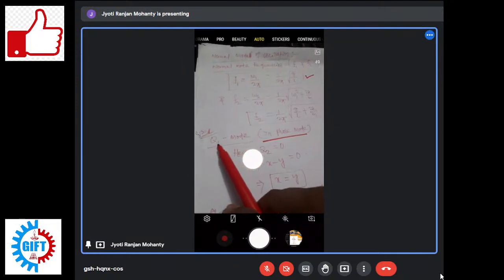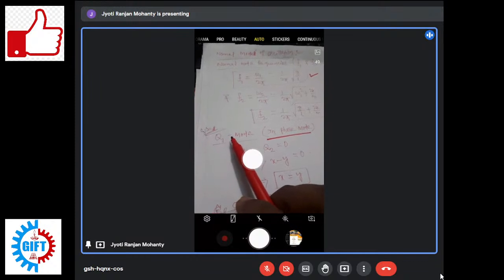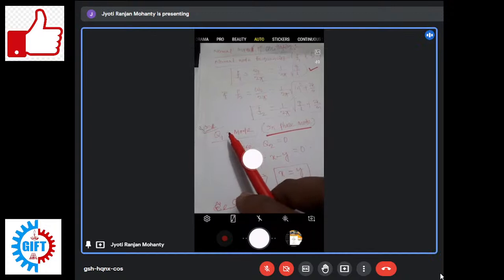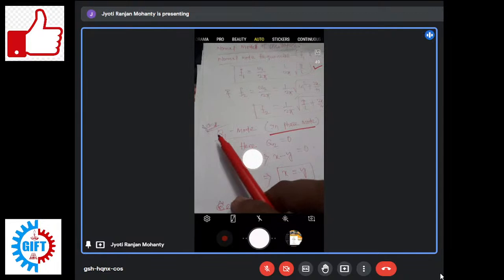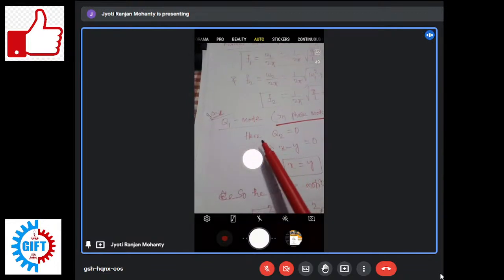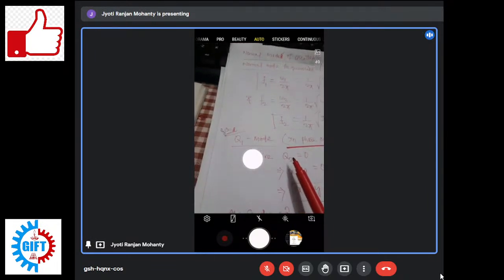In coupled oscillations, we have two variables, Q1 and Q2. So Q1 mode means here Q2 will be 0. The condition is Q2 is equal to 0.